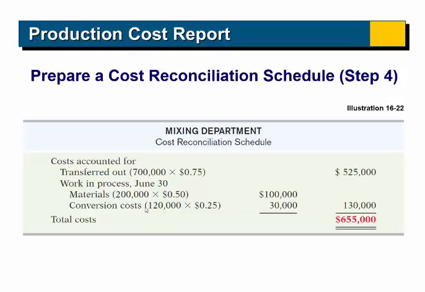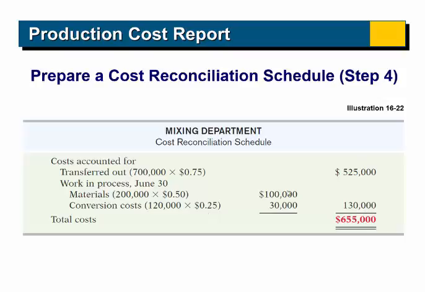But regarding conversion costs, they were only 60% of the way completed, so their equivalent units is 120,000 at 25 cents equals 30,000. And this right here, folks, is the step that you've got to make sure that you do not mess up. Do not say 200,000 units at 0.25. That is incorrect. All right.